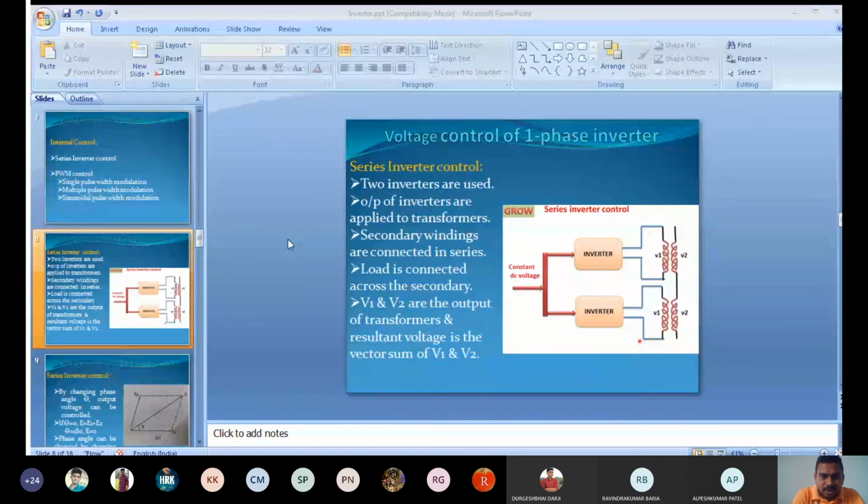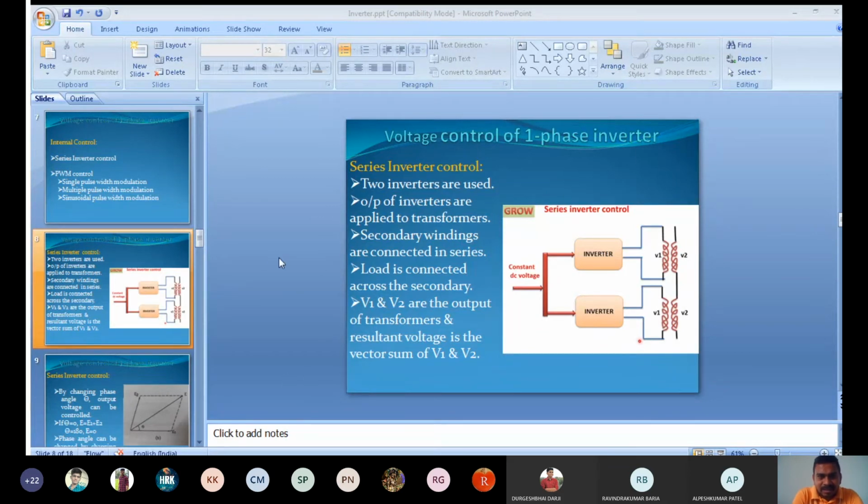Okay, so at this point the pulse starts generating, and up to this point the carrier signal is equal or lesser than the reference signal. Okay, so in this time duration pulse continues to generate. Okay, so this is the width of pulse.